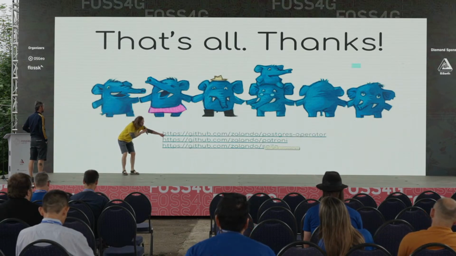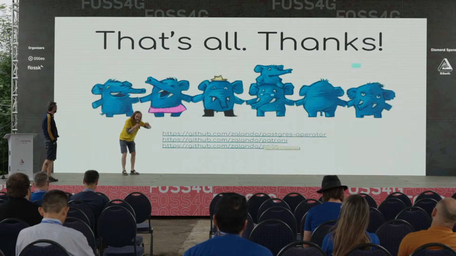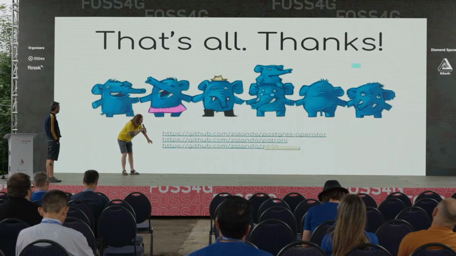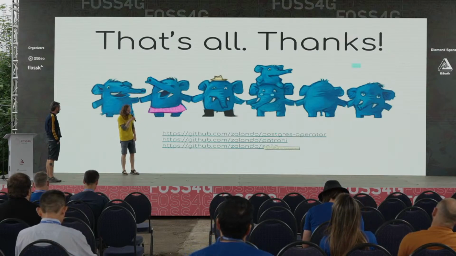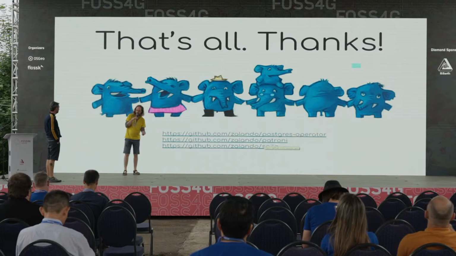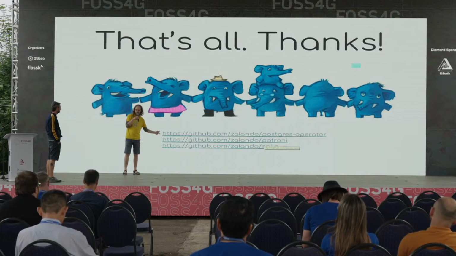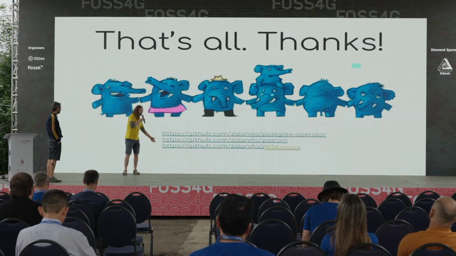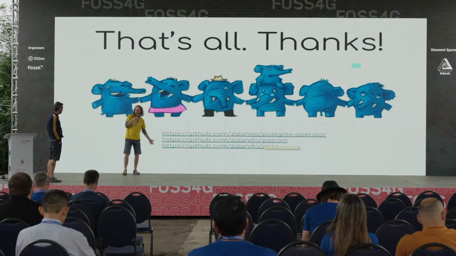It's Zalando/Spilo. It also supports ARM now. It includes multiple Postgres versions, multiple PostGIS versions, the latest minor releases, and it has the script. So you can look into the script, see how we have done this, and try it out on your own.